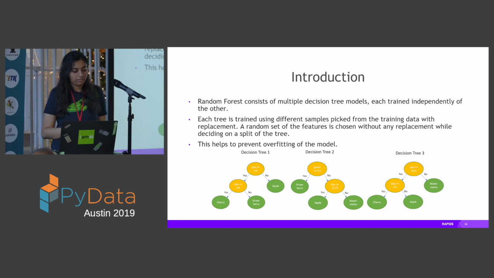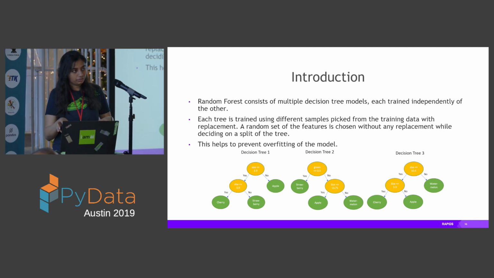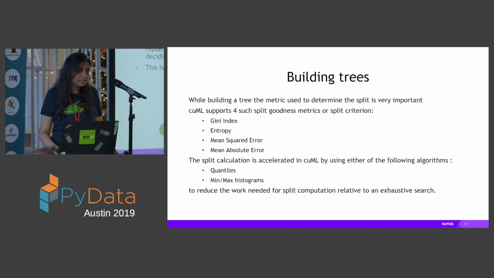Each tree is trained using samples picked from the training data set with replacement, and a random set of the features is selected without replacement when you split at the nodes. Since you have multiple decision trees trained on different parts of the data set, it prevents you from overfitting your model, and that's why Random Forest is generally really liked.